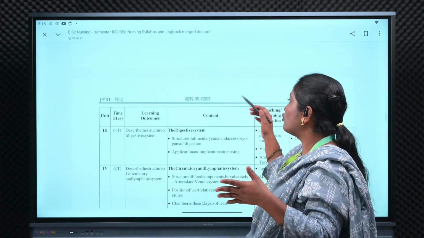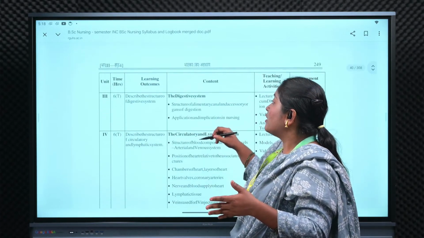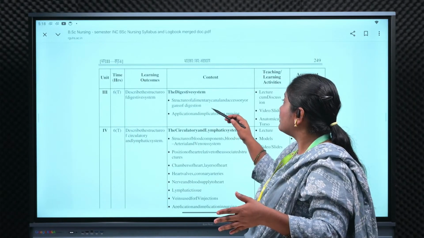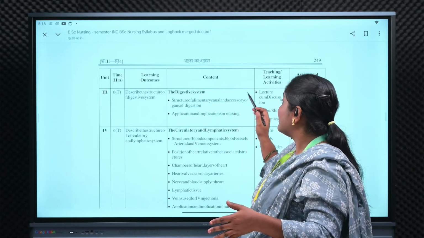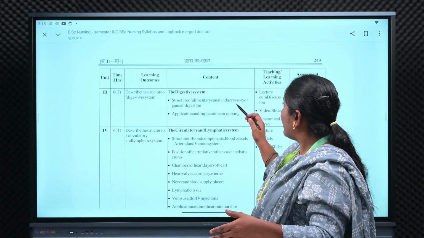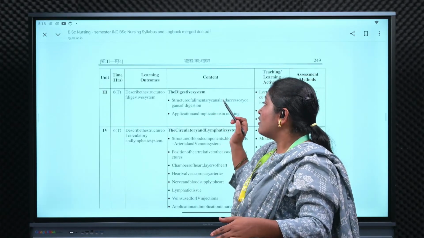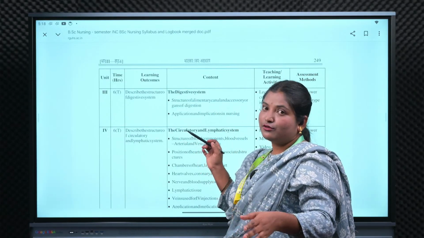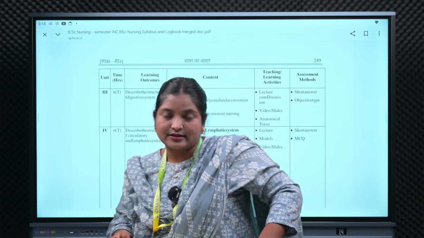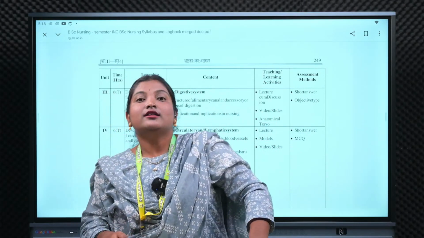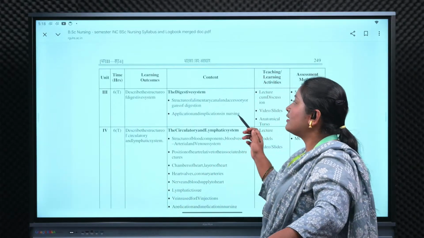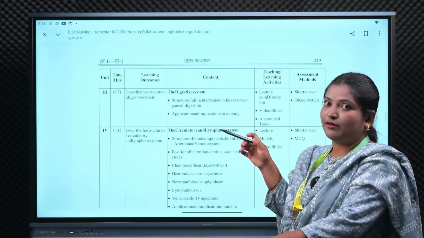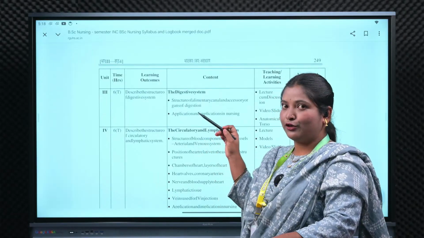Here we are seeing especially the alimentary canal and the accessory glands and accessory organs of digestion: stomach, esophagus, duodenum, small intestine, and large intestine till the rectum. From mouth to rectum we are going to study in this digestive system.